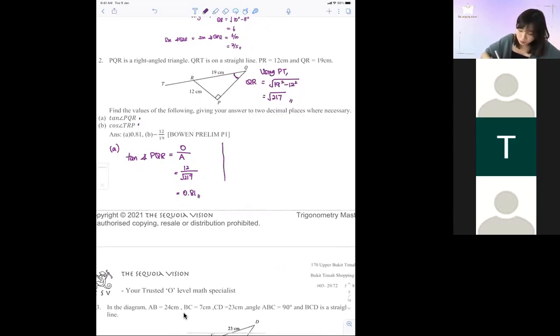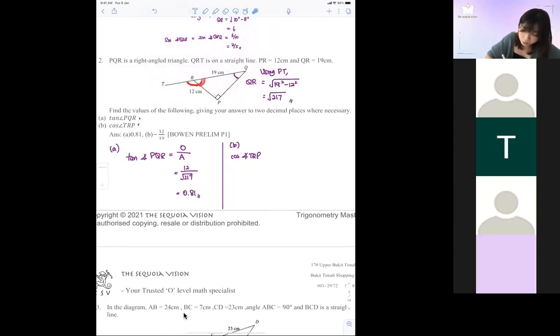Okay, now the next one, you want to find cosine TRP. Now this is outside the right angle triangle, so you must use the neighbor, the one that is inside. So you know that cosine this is minus of cosine this.